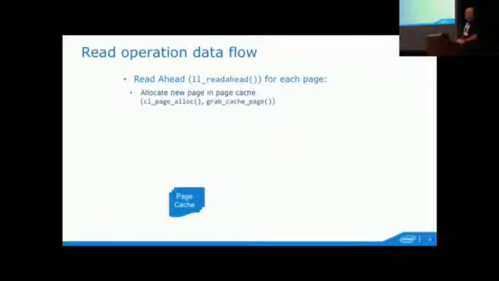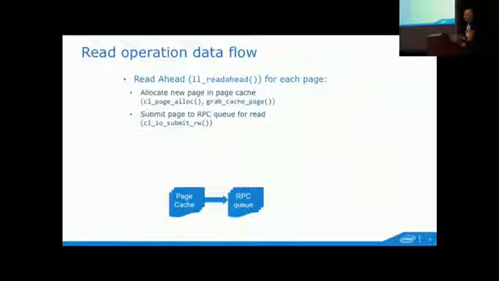Let's look at what happens inside the read operation. It's pretty much the same as the write operation, but with a little difference. Here we have a read-ahead operation which tries to prefetch data ahead of usage and load more data than was really requested by the user. And again, we start with page cache allocation, so we request new pages from the page cache.